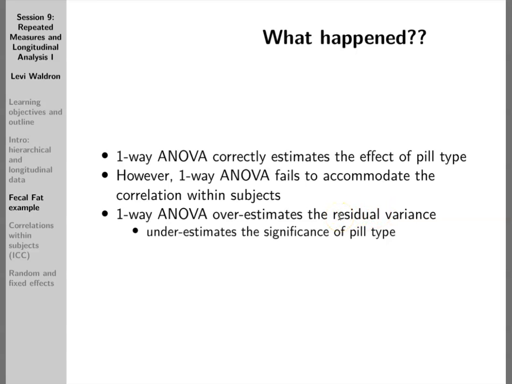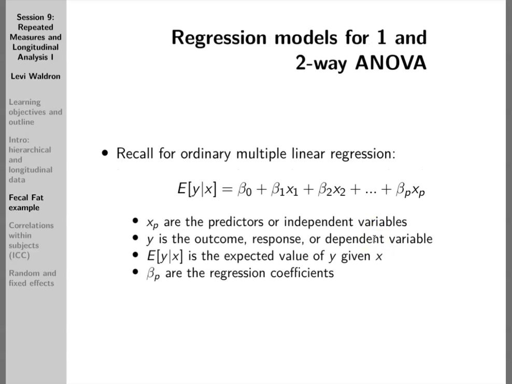All of the difference between individuals, it includes in the residual variance term, which increases the denominator of the F statistic and gives us a non-significant result and underestimates the significance of pill type.